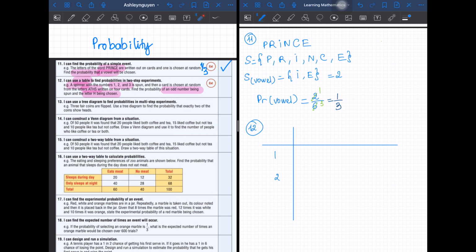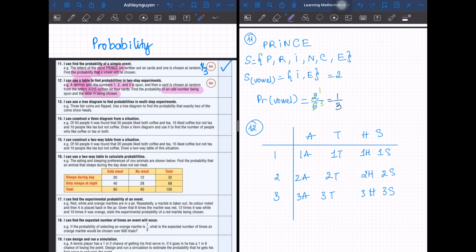Spinner 1, 2, 3, cards A, T, H, S. So let's combine them together: 1A, 1T, 1H, 1S, 2A, 2T, 2H, 2S, 3A, 3T, 3H, 3S.